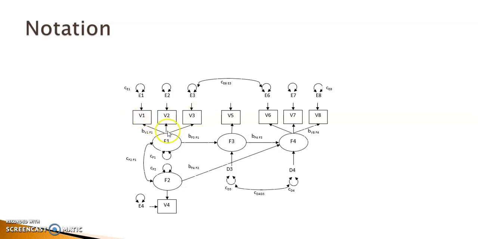Each measured variable is related to one latent factor through the factor loading, and also has an error component. We need to estimate the variances of the exogenous factors as well as the disturbances of the endogenous factors.